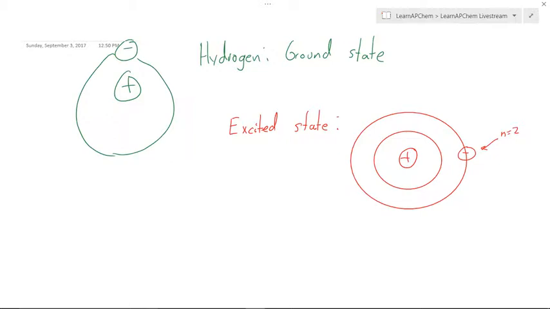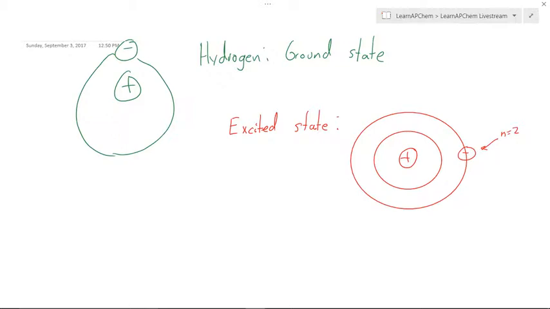So how you would get to the excited state, to answer your question, would just be you're adding energy to the atom. So you could heat the atom up. Okay, so what causes the electrons to jump levels? This is the same question as how to get to the excited state.